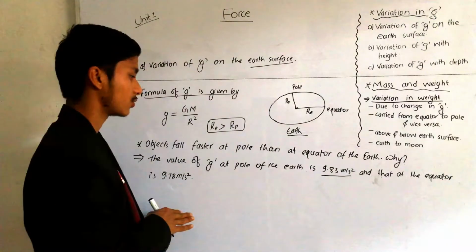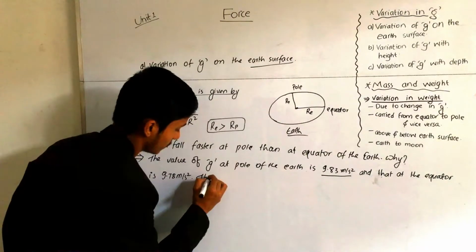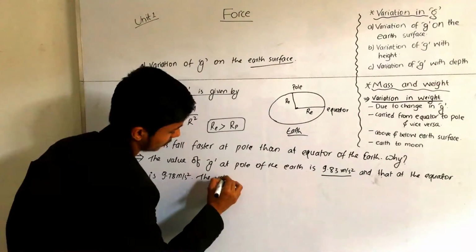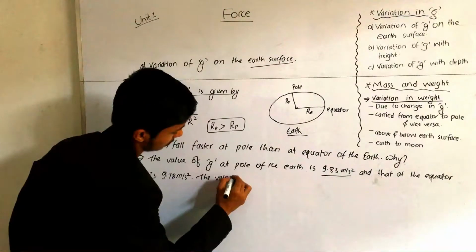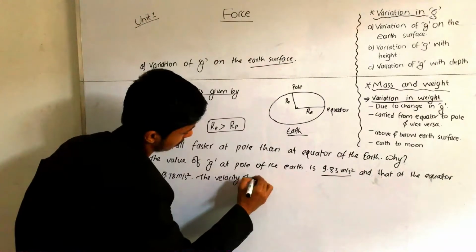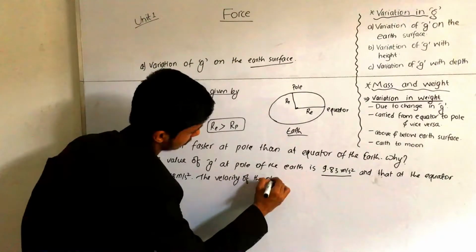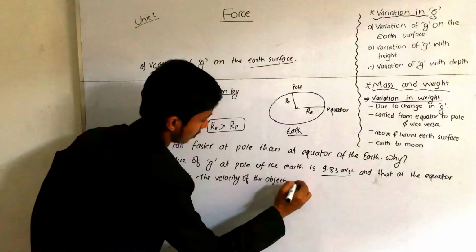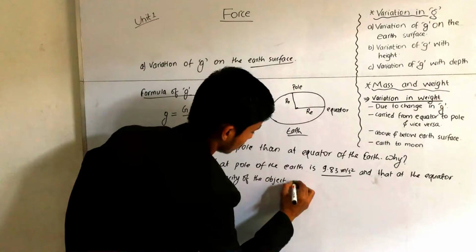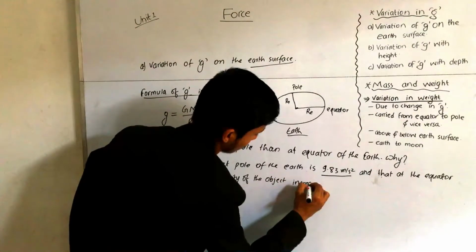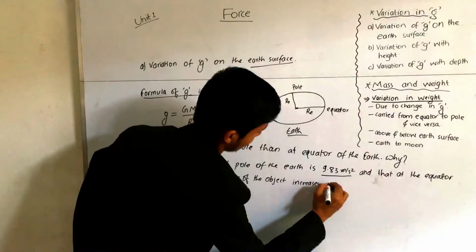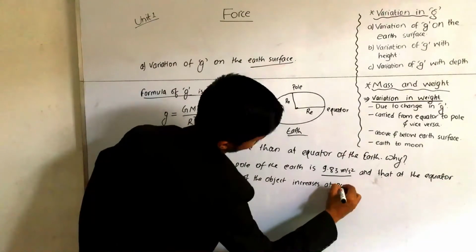From this we can conclude the velocity of the object increases at the pole.